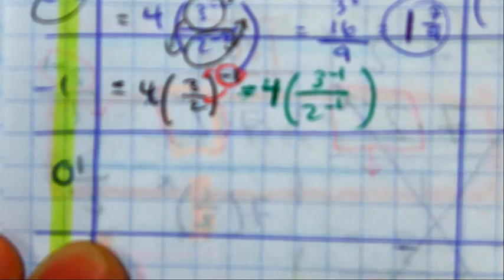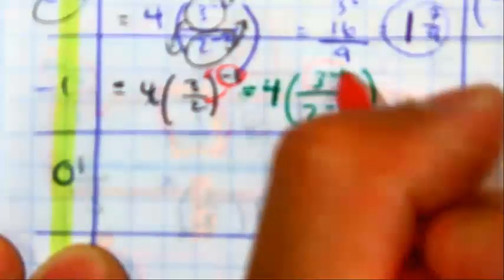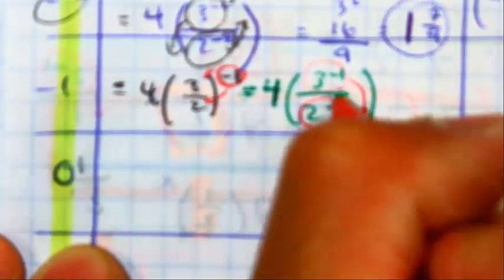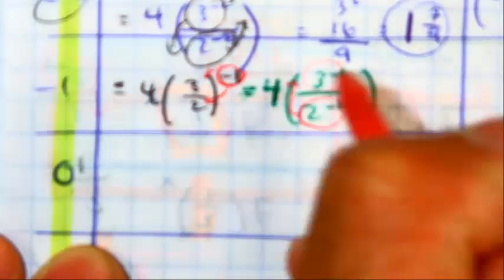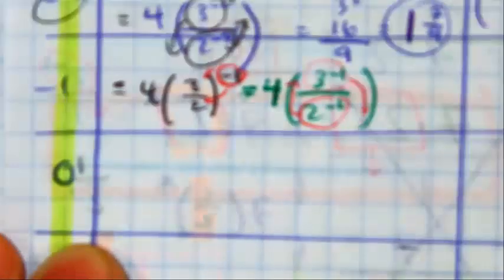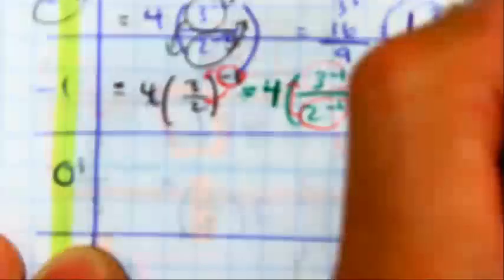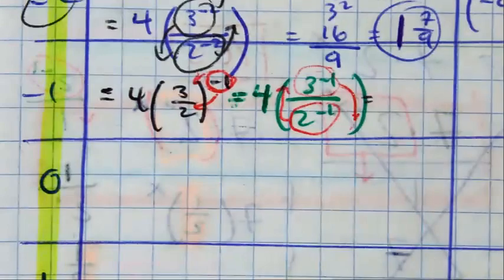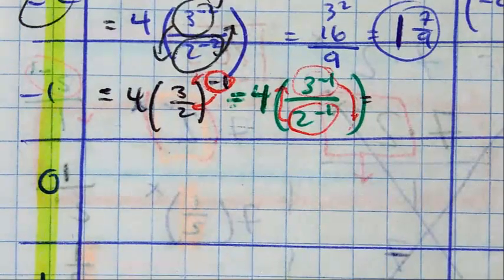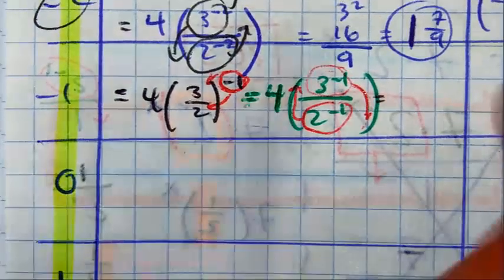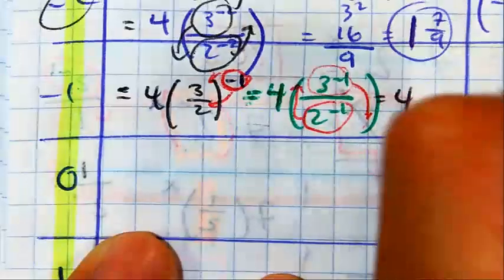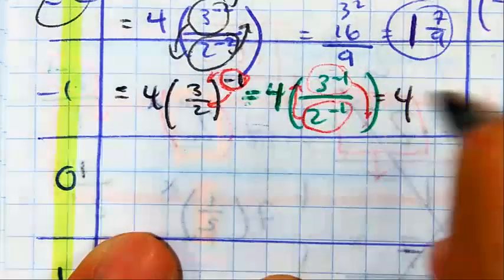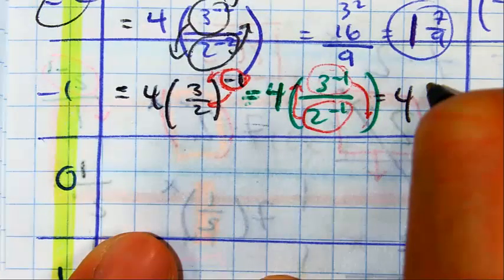The negative exponent basically just tells you to switch. So if it's in the denominator, it goes to the numerator. If it's on the top, it goes to the bottom. And so now I have 4 times, this is going upstairs, so 2 to the first power is just 2.